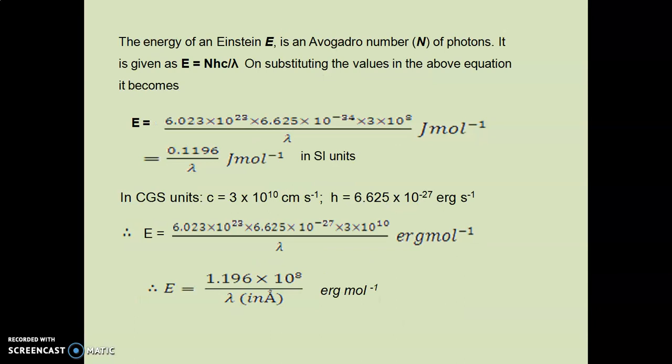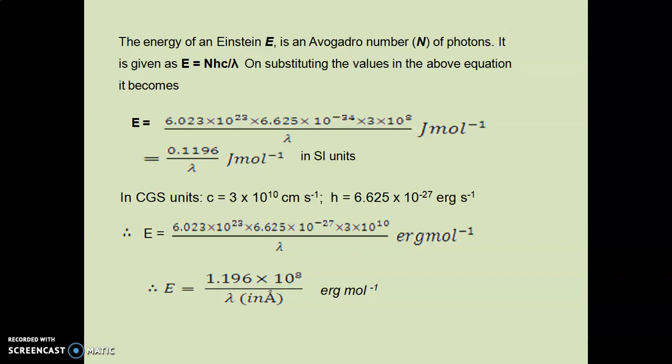The energy of an Einstein is Avogadro's number N of photons, so it can be calculated by the formula E = N h c / λ.